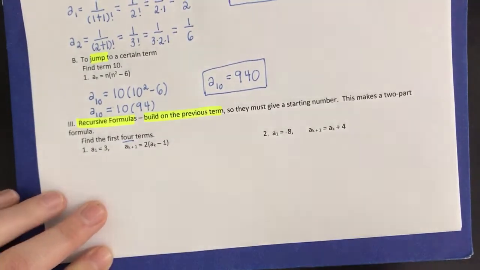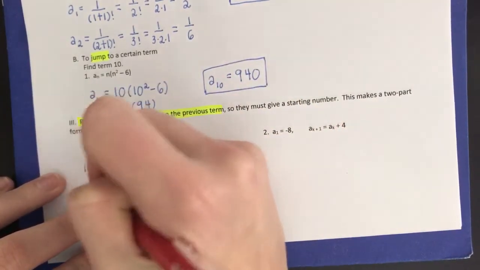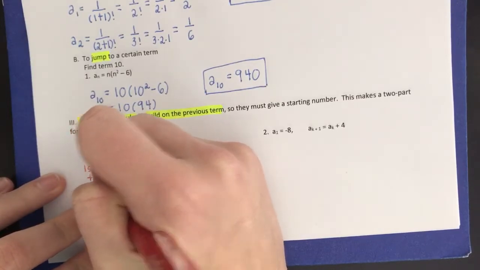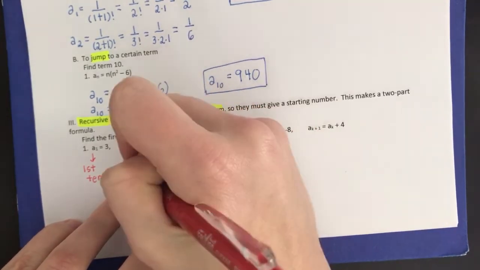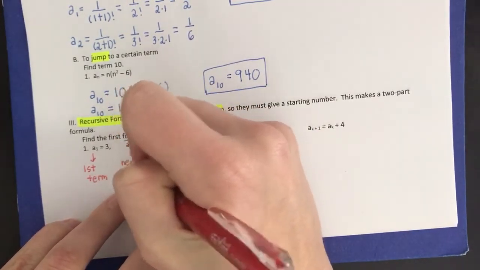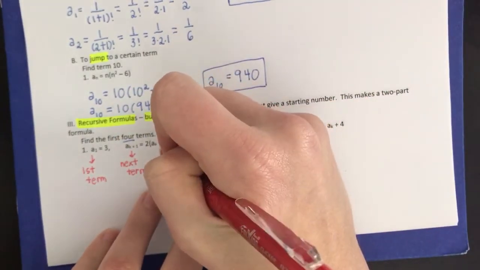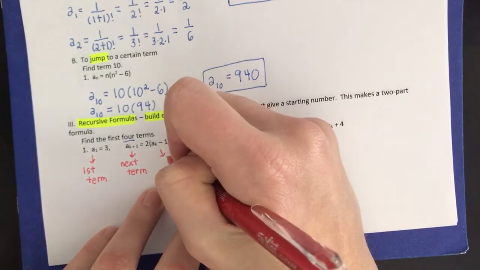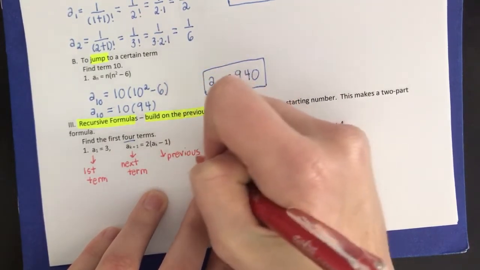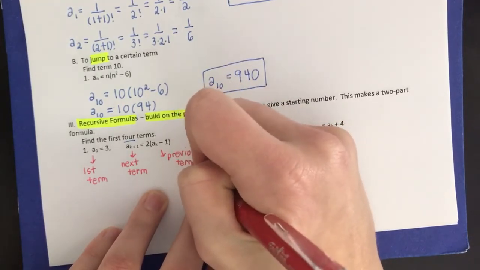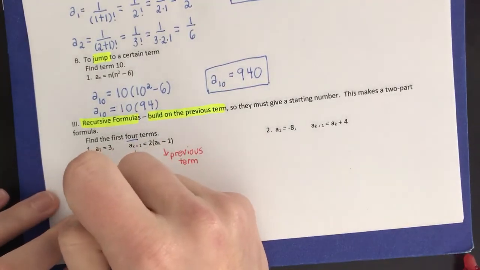Okay, so this is the first term, while a sub k plus 1 stands for the next term that you want to find, and a sub k minus 1 is the previous term. Okay, so a sub 1 is given.